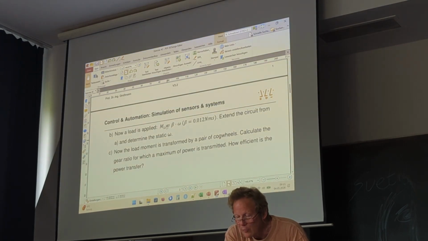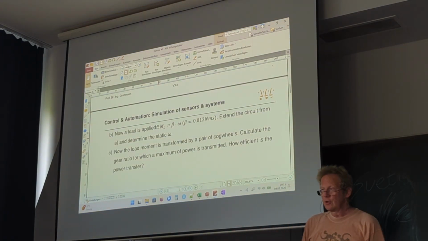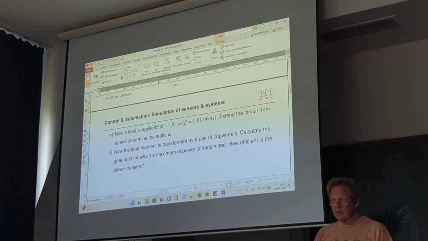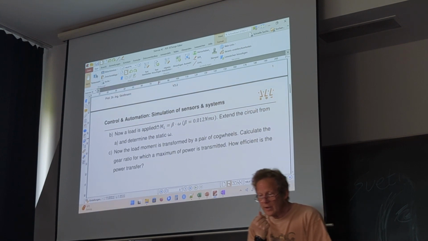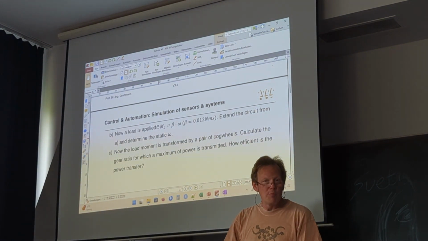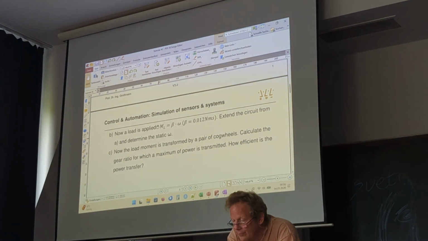So where could it come from? Maybe this water wheel is a generator, an electric power generator. And if you take out electric power, well, this would act like a load moment on the wheel. So we can extend our circuit and now determine static omega.